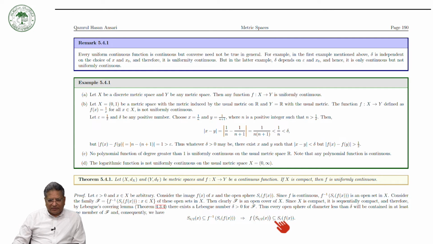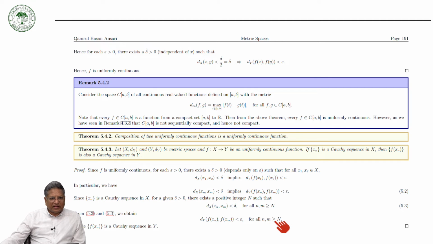Now, what does it mean? The meaning is that for each epsilon positive, there exists a delta tilde greater than 0, which is independent of x, such that d(x,y) is less than delta by 2, which is equal to delta tilde, and this implies that d(f(x), f(y)) is less than epsilon.